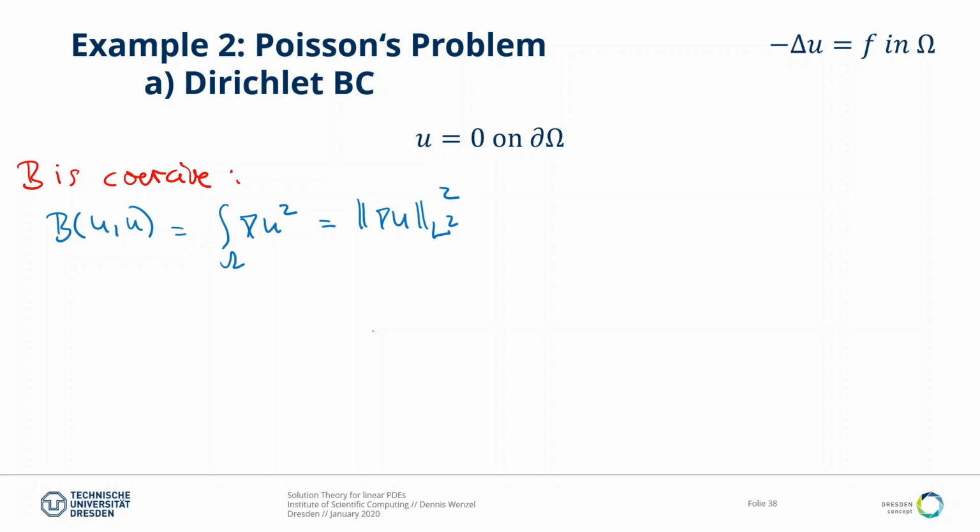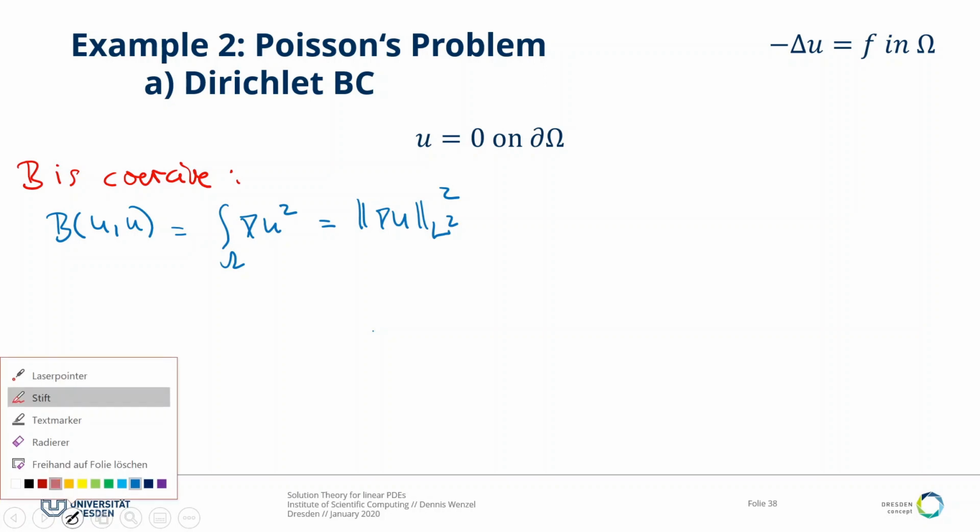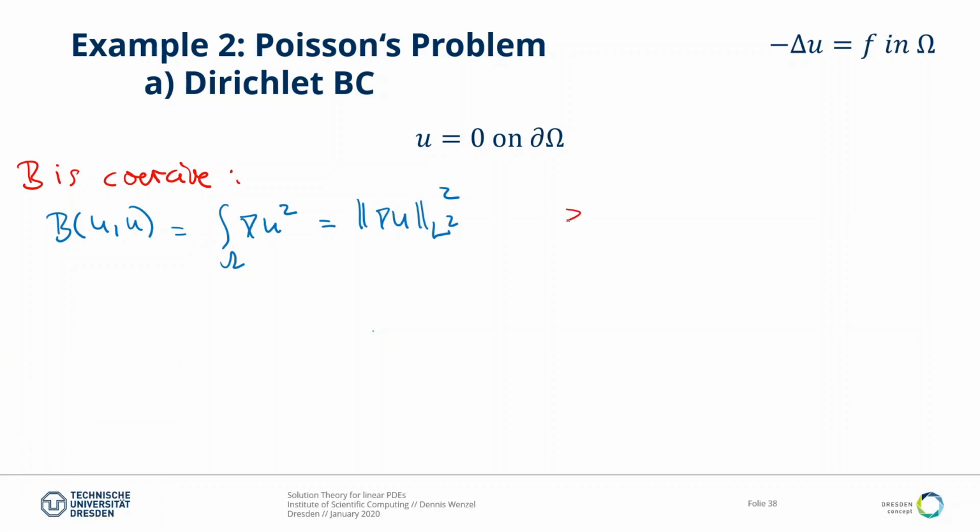because you want to bound this from below by some constant times the H1 norm of u. But the H1 norm of u consists of the L2 norm of u plus the L2 norm of the gradient of u.